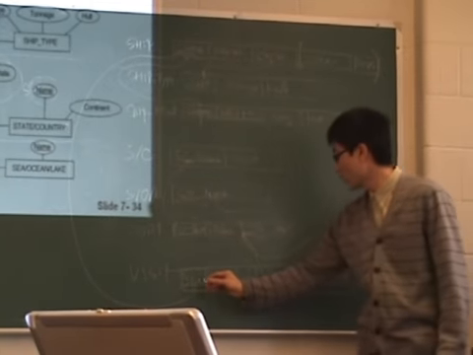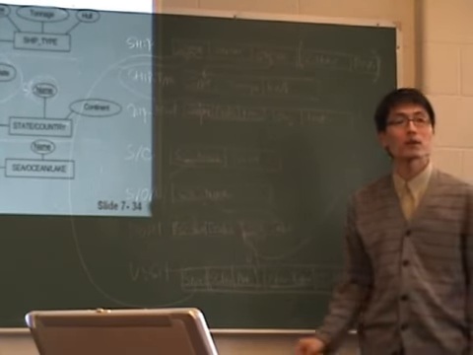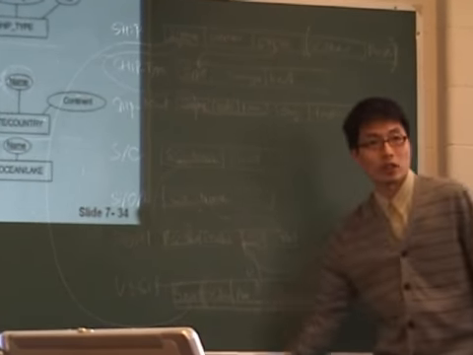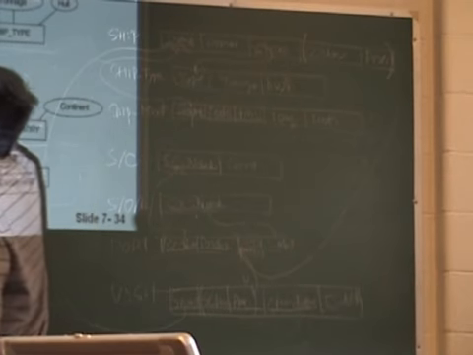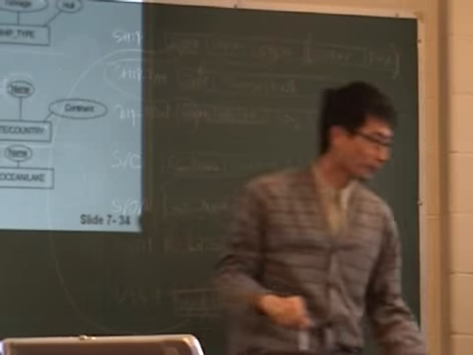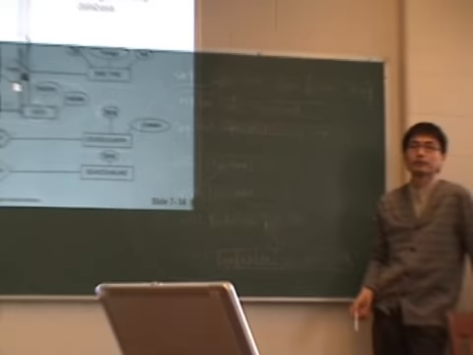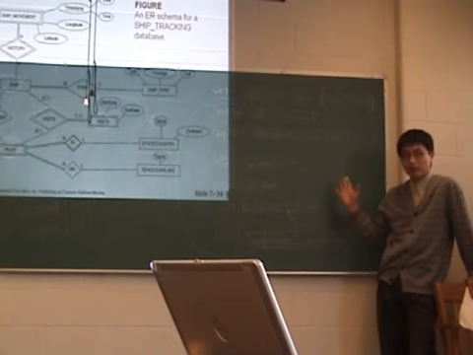So how many attributes? One, two, three, four attributes. Composite primary key in this visit. In other words, to identify the specific visit, you should know this one, this one, this one, and this one. That's all. Any question?